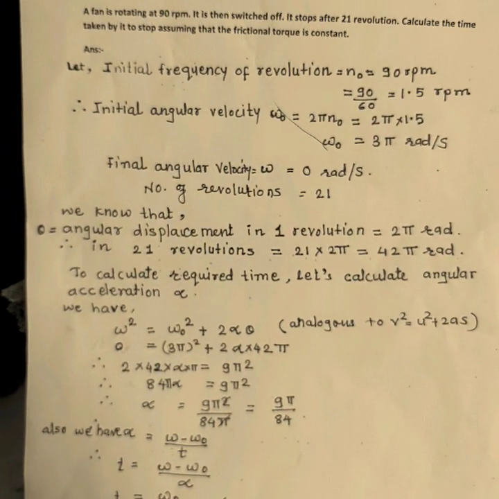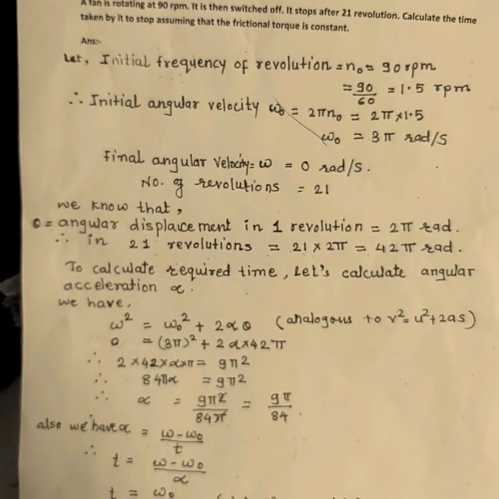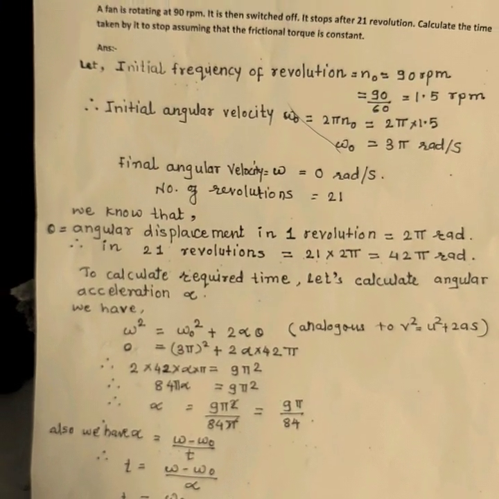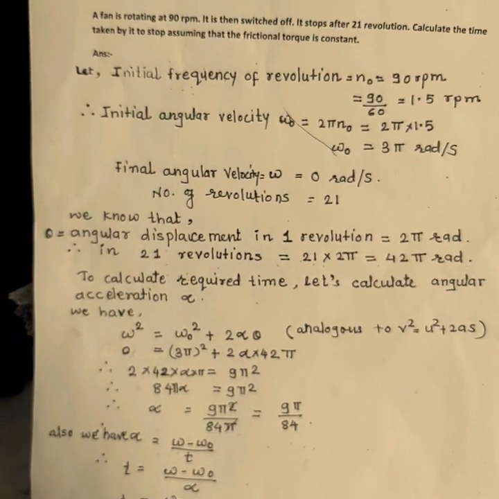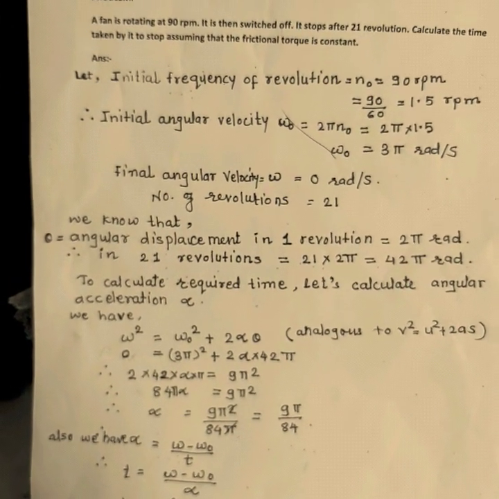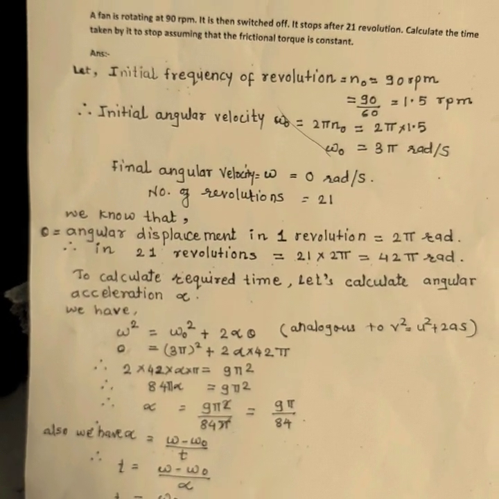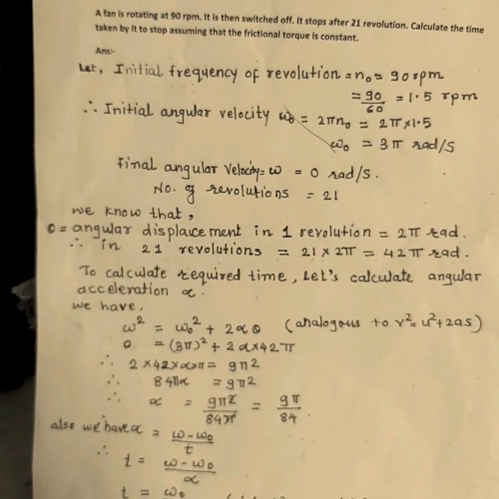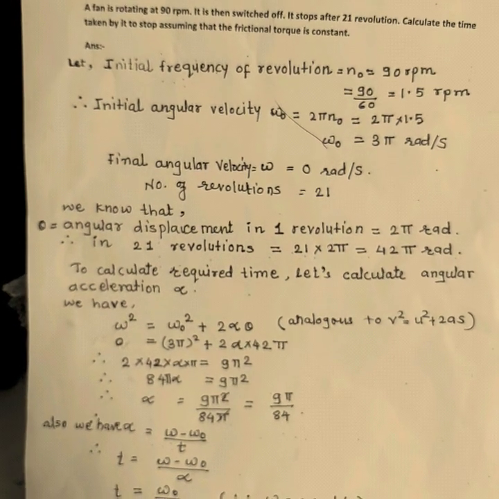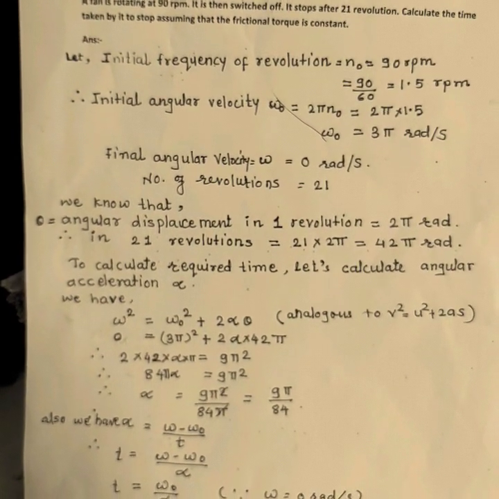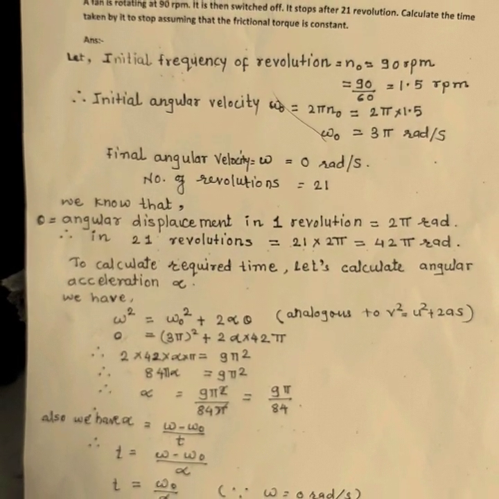So the initial angular velocity is 3 pi radian per second. Now finally the fan stops. Therefore the final angular velocity omega is equal to 0 radian per second.